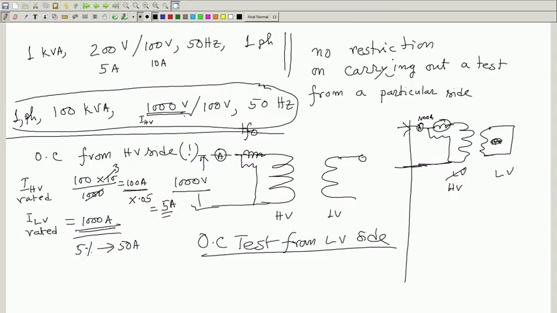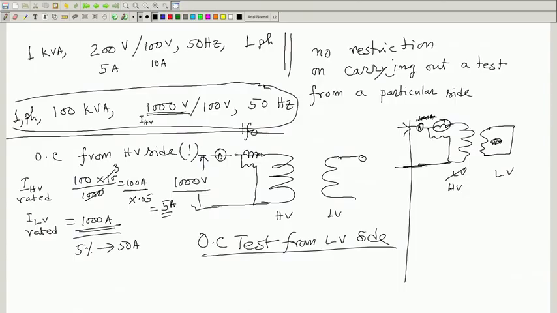So, 100 volt, maybe 150 volt, etc. And the current will also be small, the rated current is only 100 ampere.